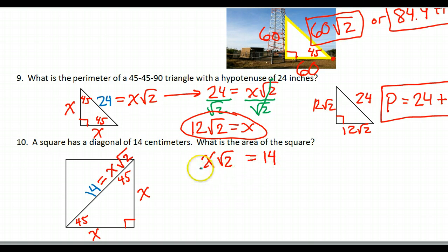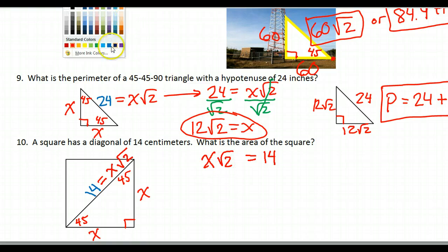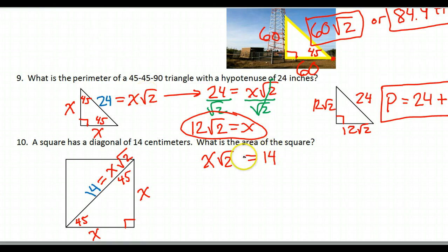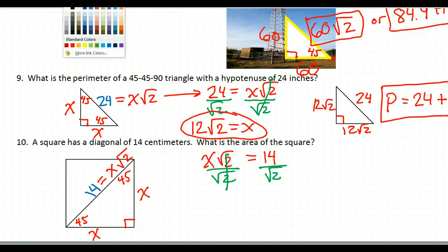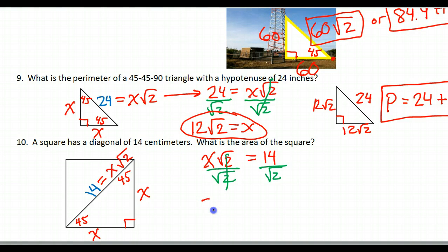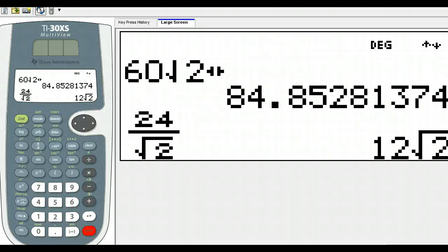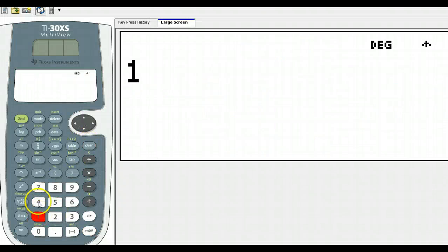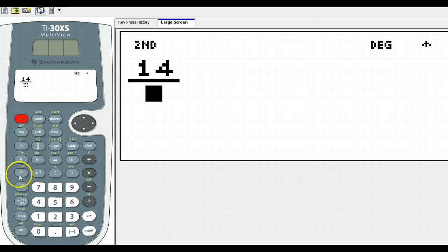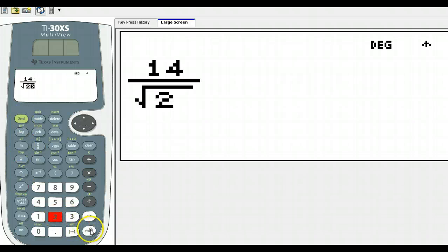So I need to divide to figure out what x is. I'm just going to divide both sides by radical 2. That's going to give me x equals 14 over radical 2.